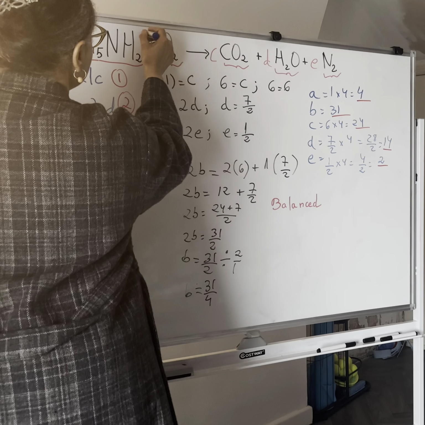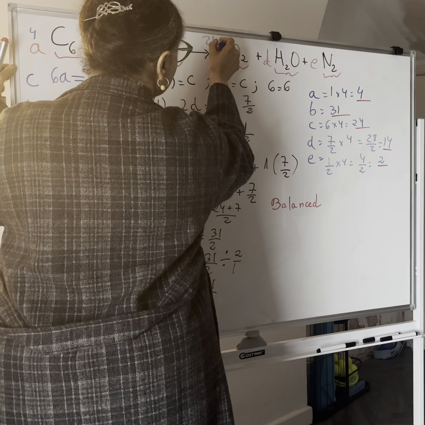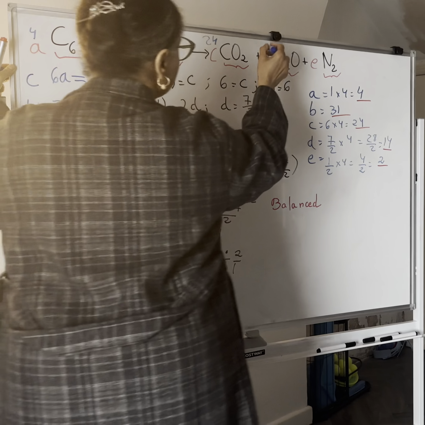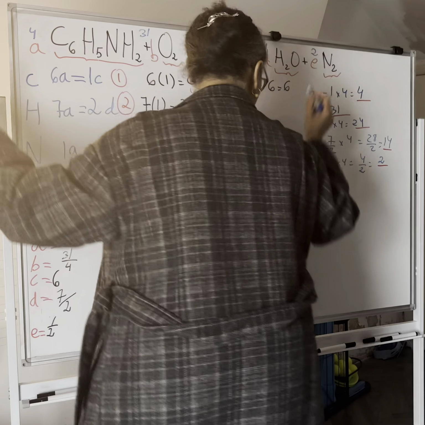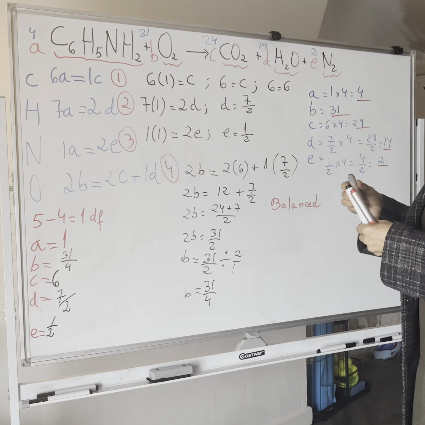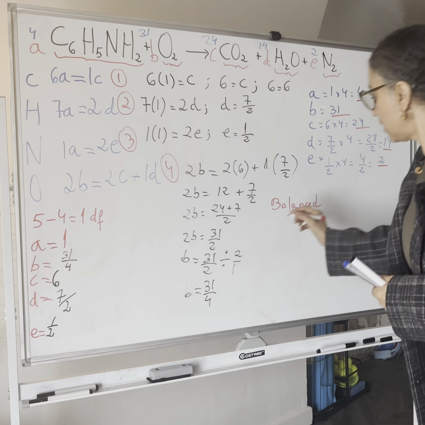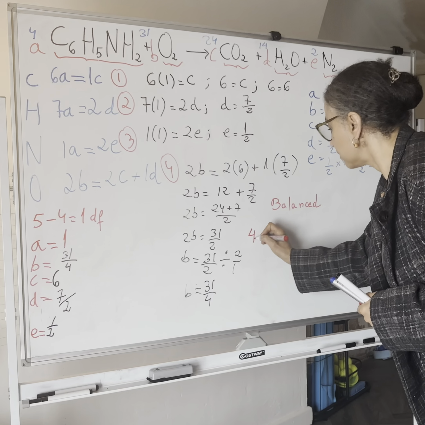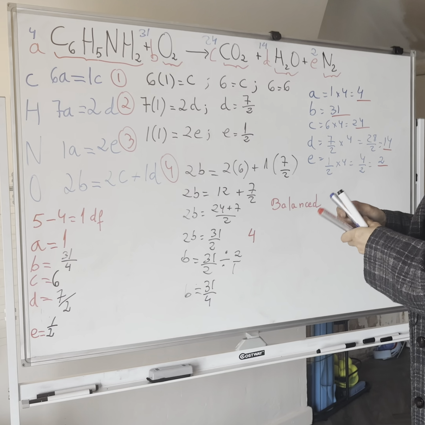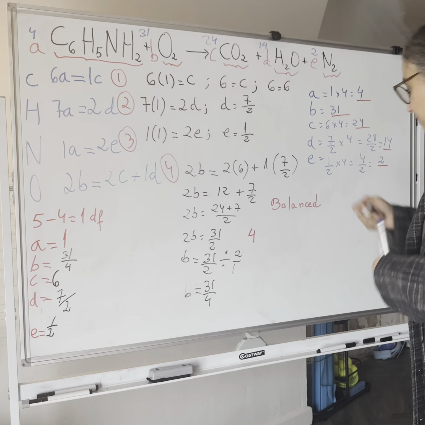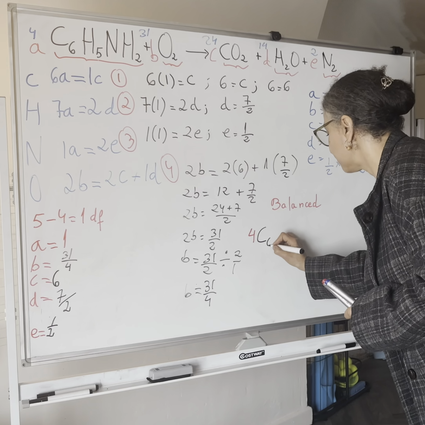So this is 31, this is 24, this is 14, and this is 2. I'm going to write down the whole equation with the coefficients in red, so it makes things easier to see.